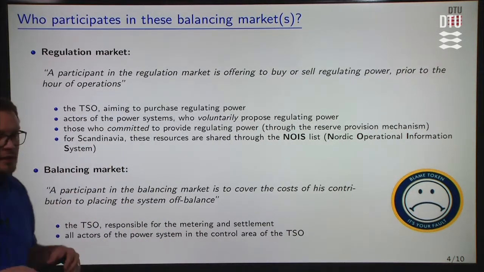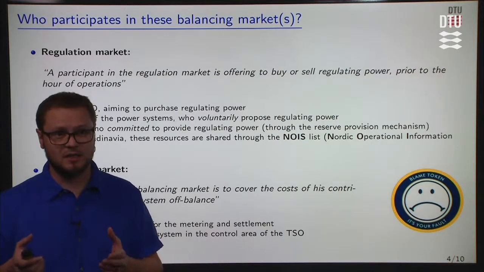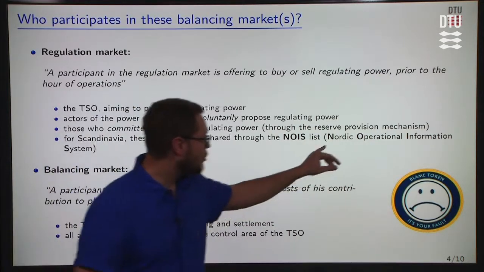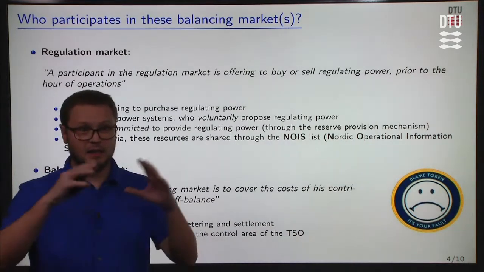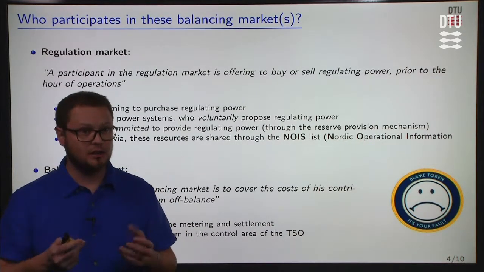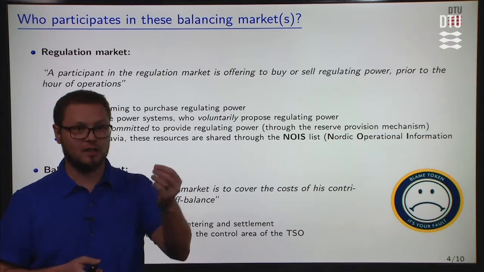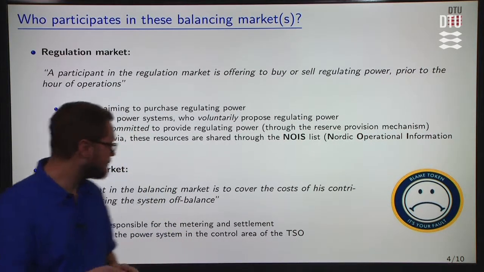In Scandinavia, one of the specifics is that all these regulation resources are on the so-called NOIS list, NOIS for Nordic Operational Information System. This means that in the whole region, we actually share the regulation resources and, subject to availability in transmission capacity, the system operator in Denmark may purchase or use regulation resources from the neighboring countries.